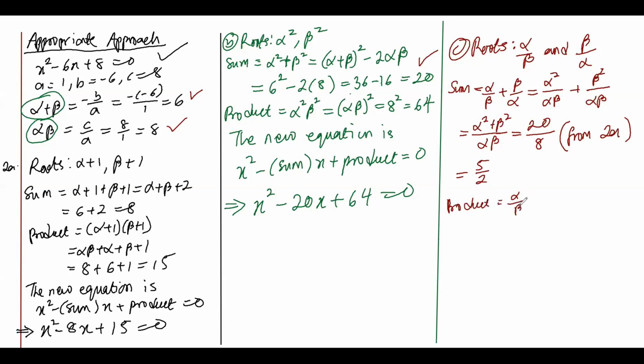Alpha over beta times beta over alpha. What do we do with this? Just multiply alpha beta over alpha beta.